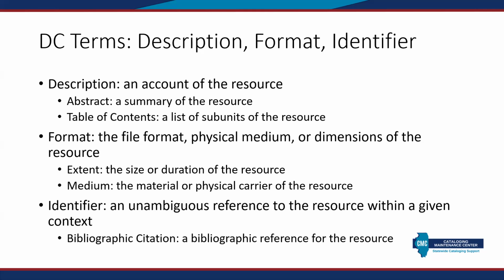Extent is the size or duration of the resource, and medium is the material or physical carrier of the resource. Identifier is an unambiguous reference to the resource within a given context, and bibliographic citation is a bibliographic reference for the resource.